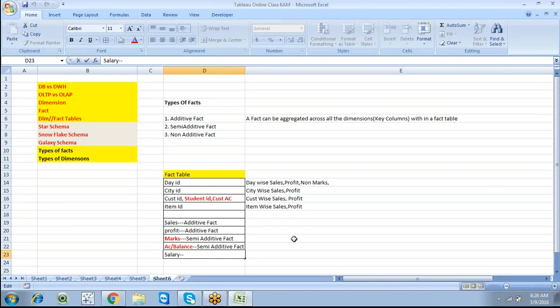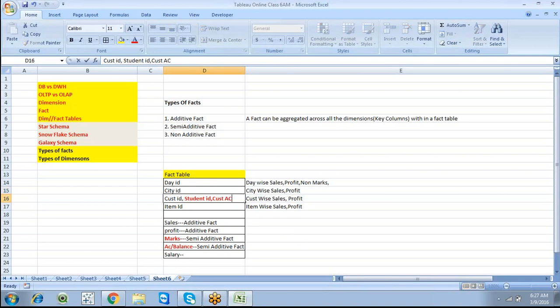So we can exclude day ID. Same as city ID: we can go for employee wise, city wise salary, but we cannot go for only city wise salary. It is not preferable because aggregation takes place across one city level.